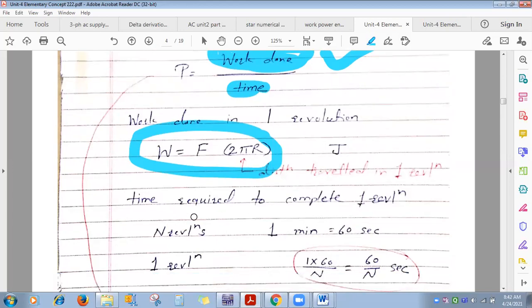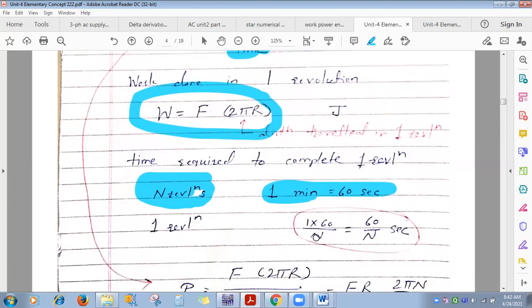If speed is N RPM, what does it mean? In N revolutions, it completes in 1 minute, and 1 minute is equal to 60 seconds. So if N revolutions are completed in 60 seconds, how much time will it take for one revolution? 1 into 60 seconds divided by N revolutions.